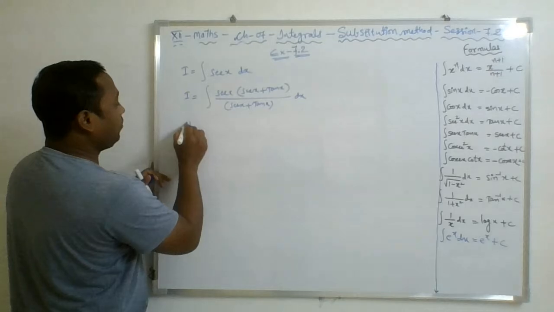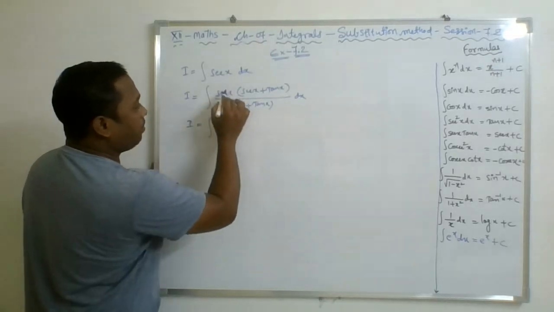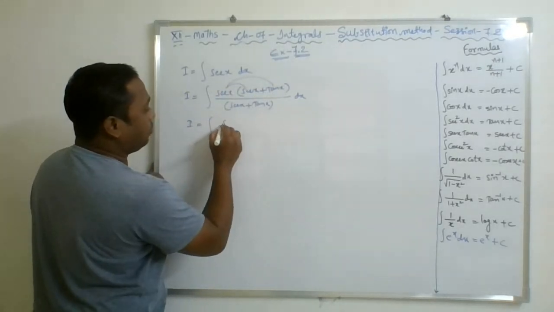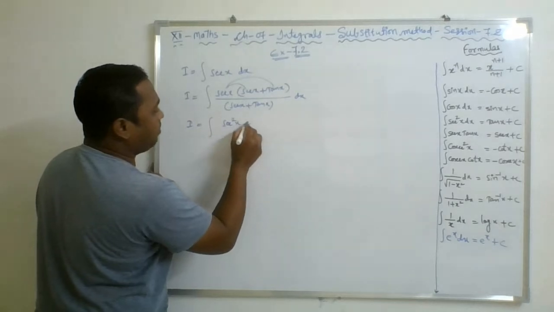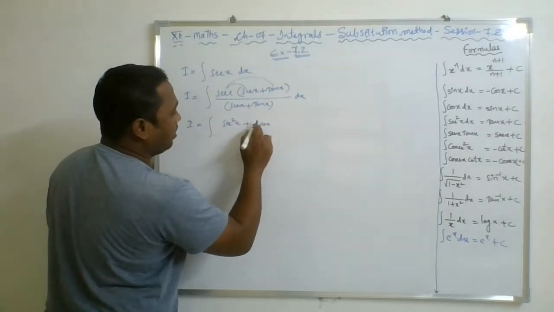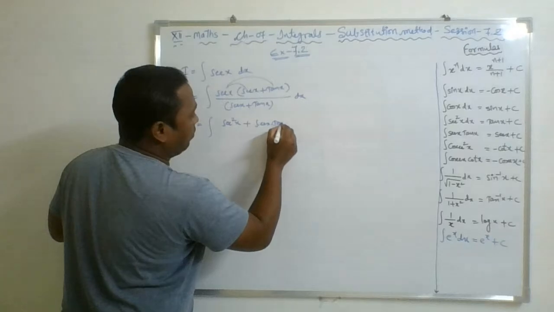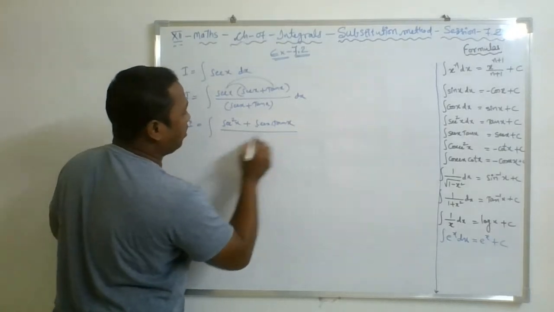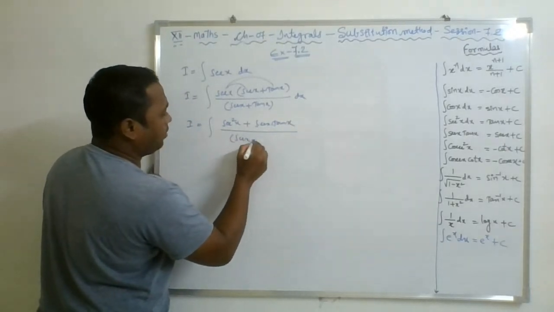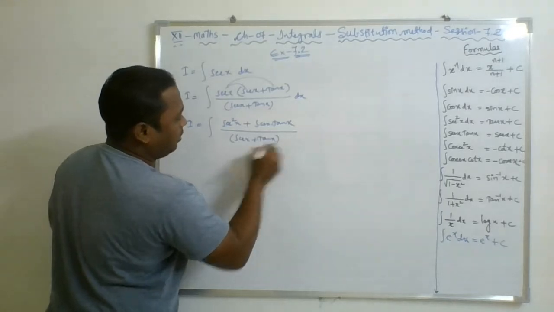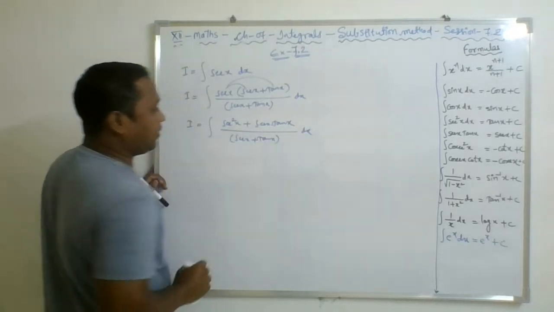See, when you multiply the factor, it becomes sec square x plus sec x into tan x upon the same factor sec x plus tan x, and dx.